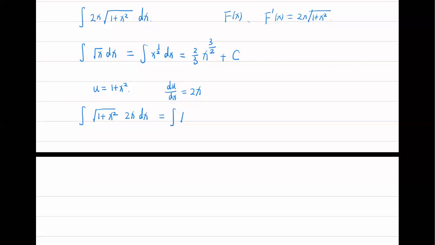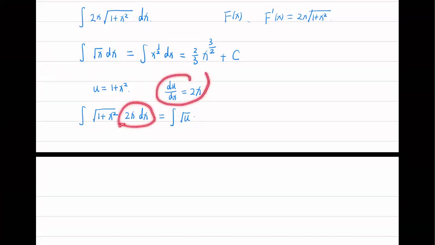Now under the square root, we have this new variable, so I will replace this by u. It's the same thing. Then we deal with this 2x dx.